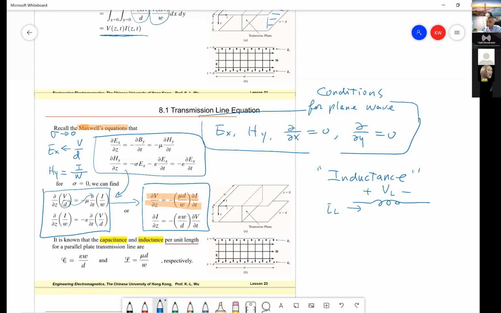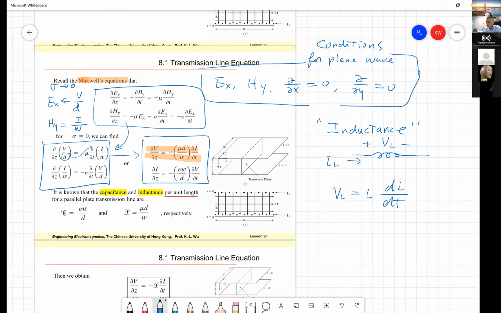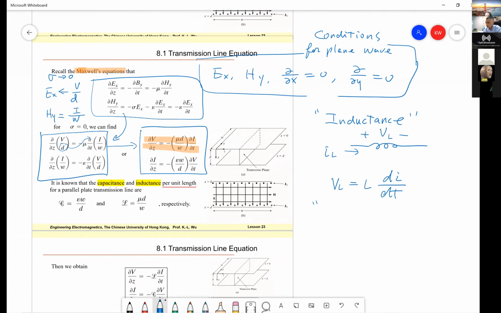What is the relation? This is how we define inductance, right? And how do we define capacitance? The capacitance is the current that goes through the capacitance.